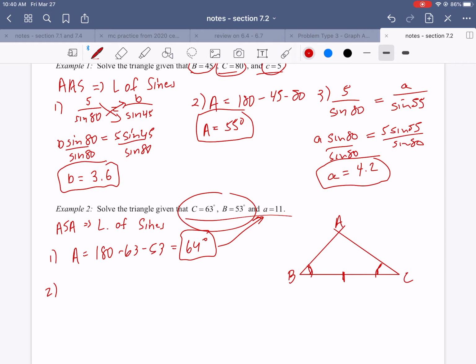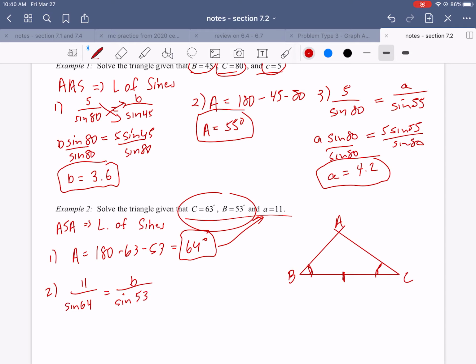So now the last two things are to find side B and side C, and we're going to use our given ratio, the A ratio, which is going to be 11 over the sine of 64. I'm sorry, let me erase that 63 there. 11 over the sine of 64 is going to equal, and it really wouldn't matter which one you did first here. I'm just going to do the B ratio since, you know, alphabetical order and everything.